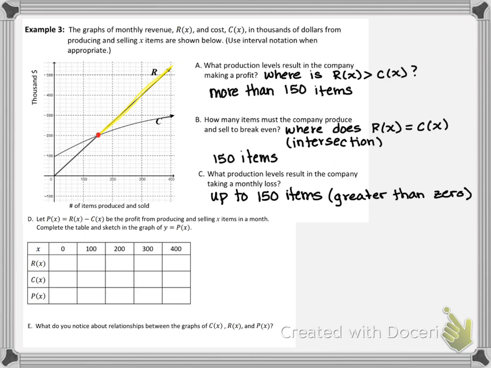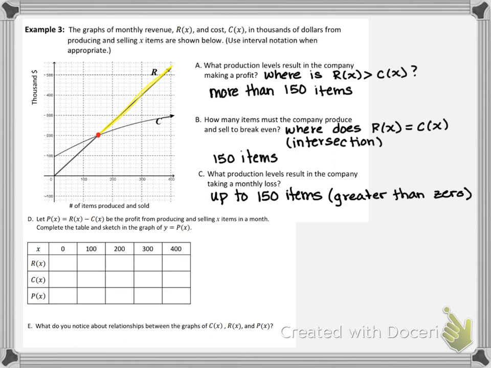That can be a little cumbersome, that's a lot of dots, so that's typically why they make it look continuous. If you had said through 149 items, that wouldn't be incorrect, because we know we're not making 149.572 items. So let's fill in this table.